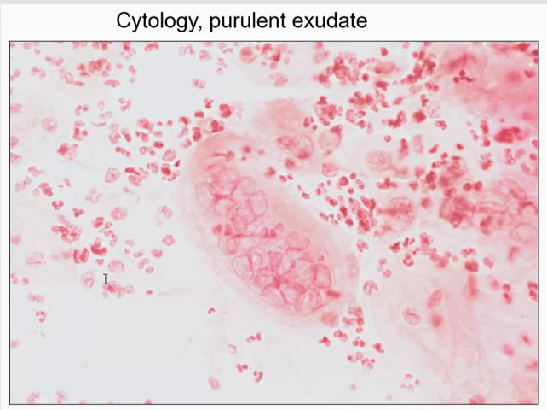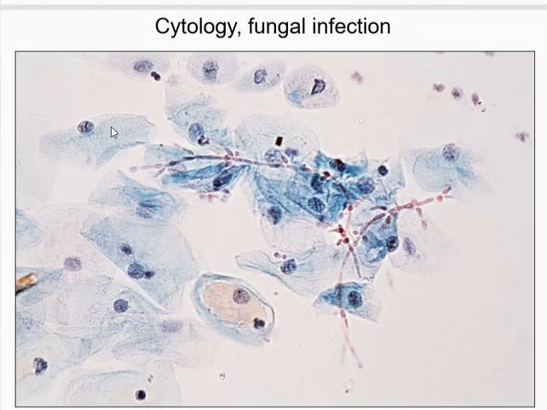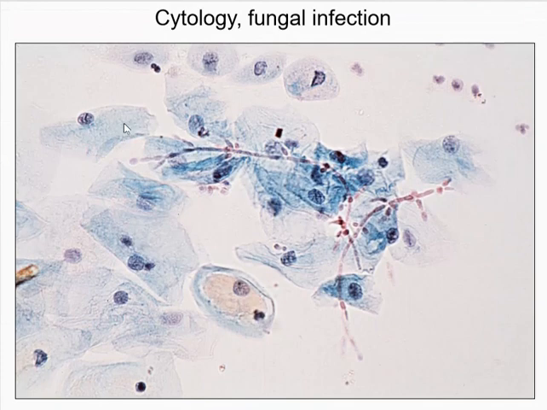This is a cervical smear demonstrating plenty of neutrophilic granulocytes, so this is a purulent exudate. And on this slide you can even appreciate the hyphae of fungal origin, Candida for example.